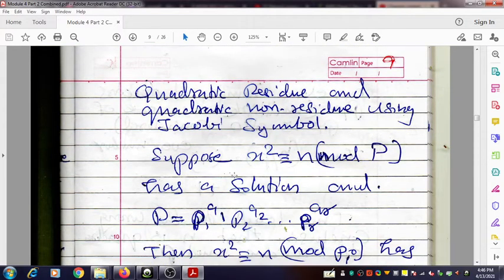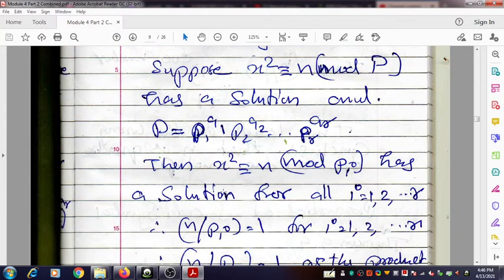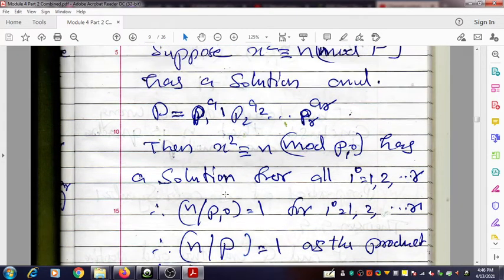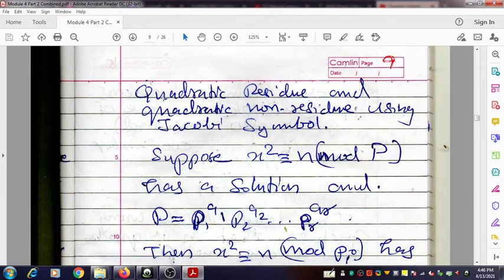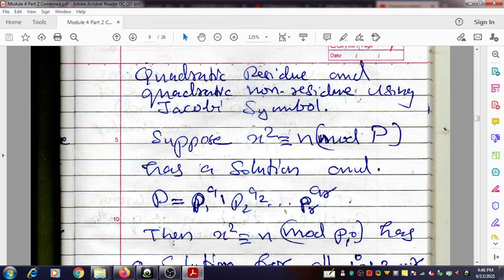Next, we have some explanations on this. The quadratic residues and quadratic non-residues can be determined using Jacobi symbols, just as in the case of the Legendre symbol.